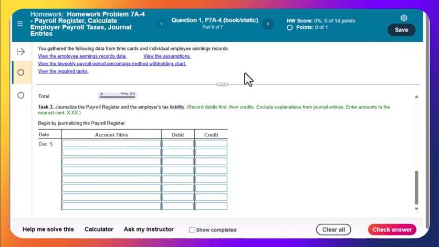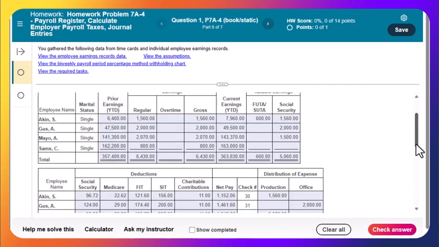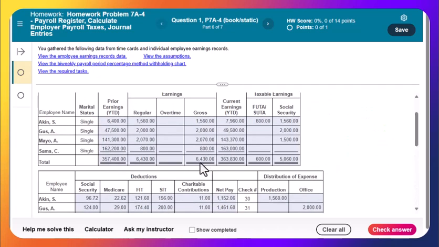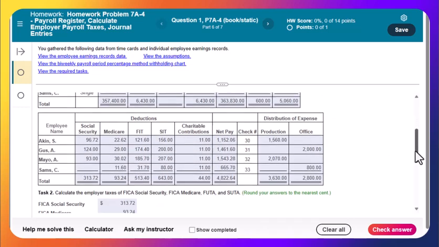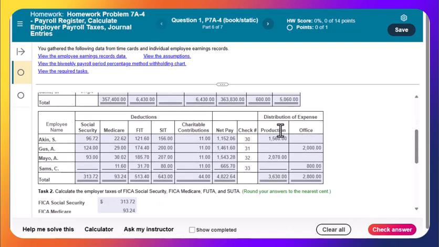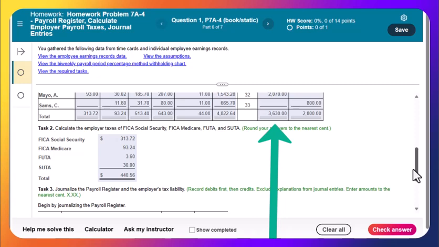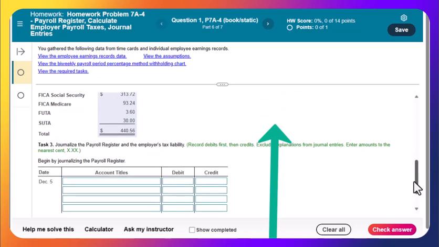So let's start with our debit account. So that will be an expense. And that would generally be the total gross wages of $6,430, but notice that they do say distribution of expense right here. So they split it by department. So we can start with the production salaries expense of $3,630.